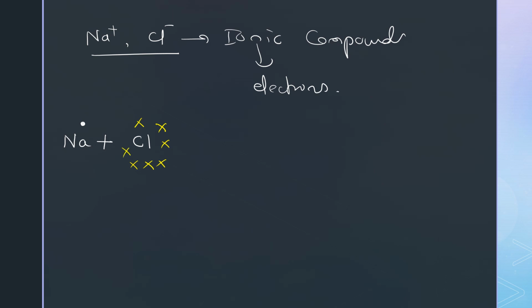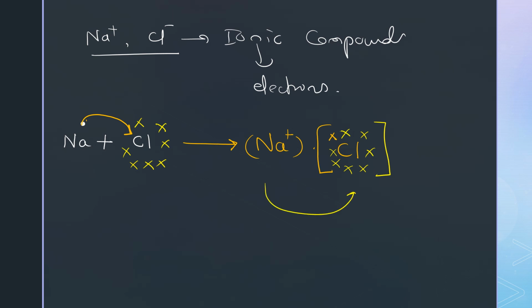For accepting 1 electron from the sodium, chlorine takes this 1 electron and fills the gap. So we write Na, which got the plus charge, and chlorine with the new electron from the sodium and the remaining 7. In this way, what did we get? We got NaCl, sodium chloride.